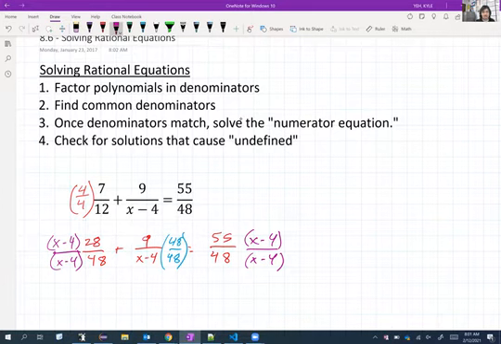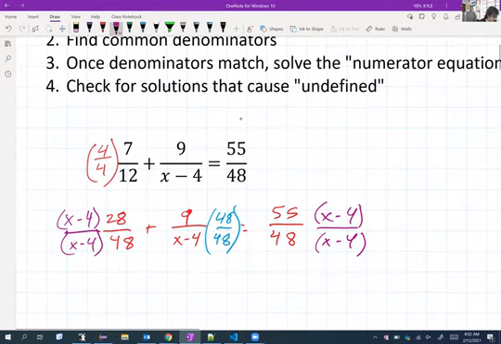And if you look at that, before I start simplifying now, that'll give me common denominators. X minus 4 times 48, x minus 4 times 48, 48 times x minus 4. So figuring out, sort of like 8.2, what do I need to multiply each expression by so that we end up with a common denominator for all of them?